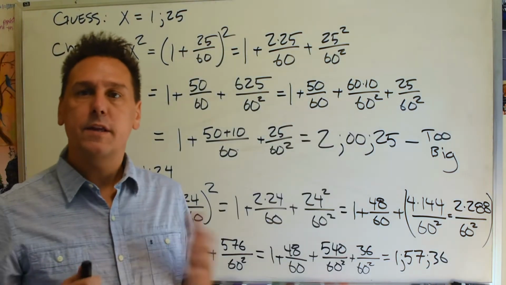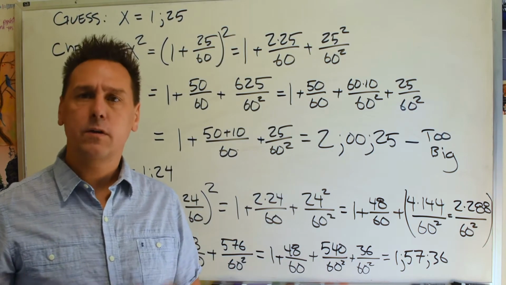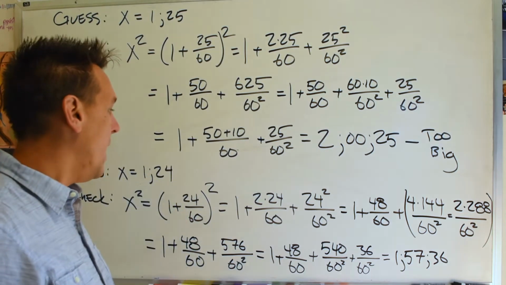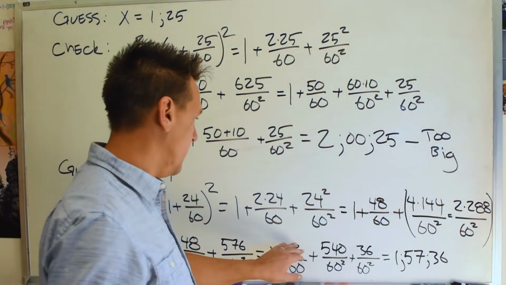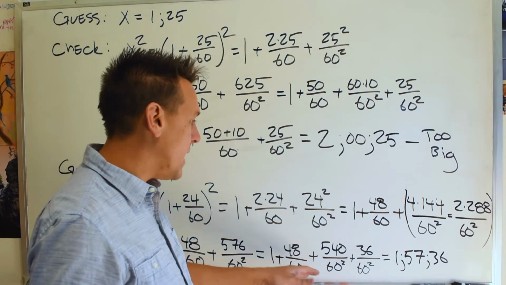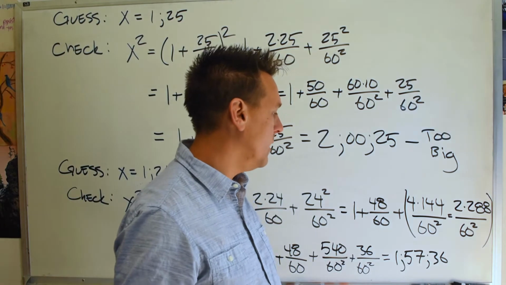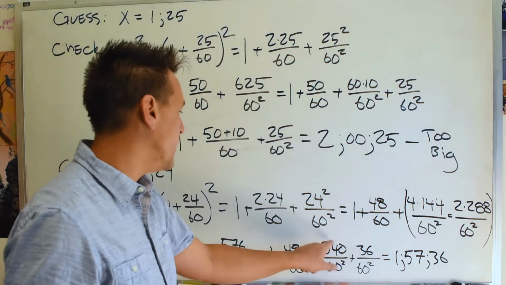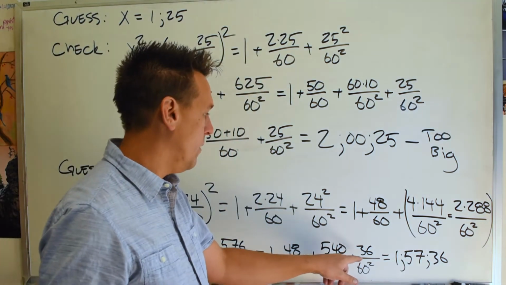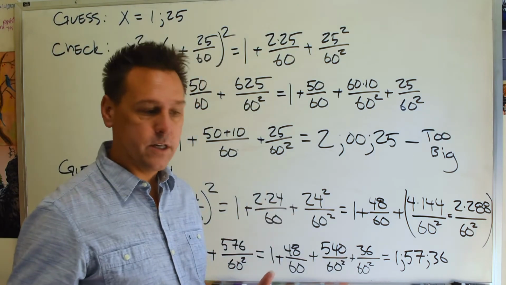So maybe with the next calculation, or well, I'll give you a little bit more time to get used to it, but I've found that after doing this enough times, I can keep track of knowing that this is the 60s place and this is the 60 squared place. And so I can do this sort of work without writing out the full fractions anymore.